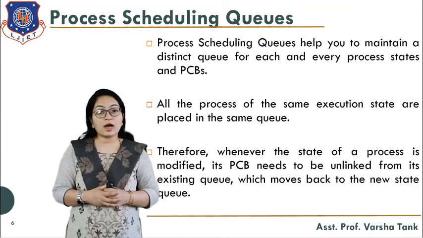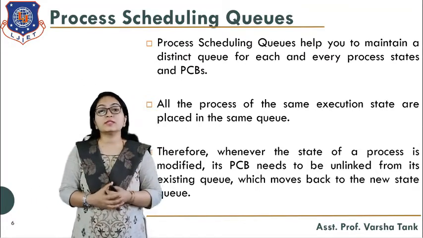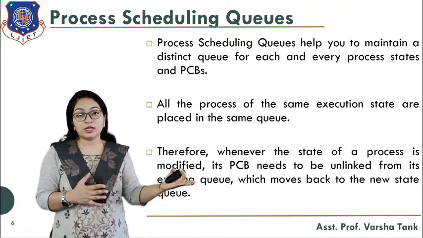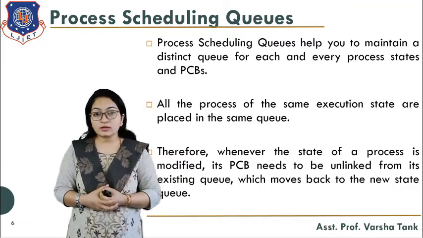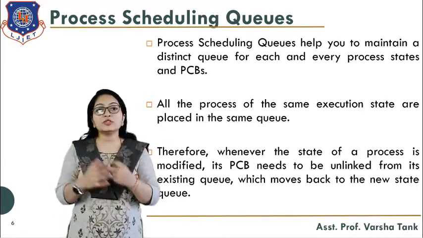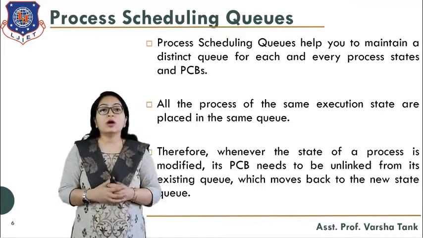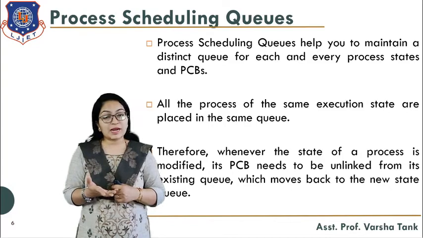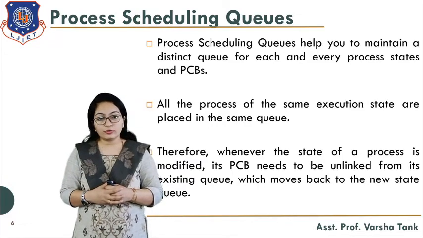All of you know how many states we have for a particular process: whether it is in the ready queue, running, blocked, etc. And the PCB, that is the process control block, all of you know.